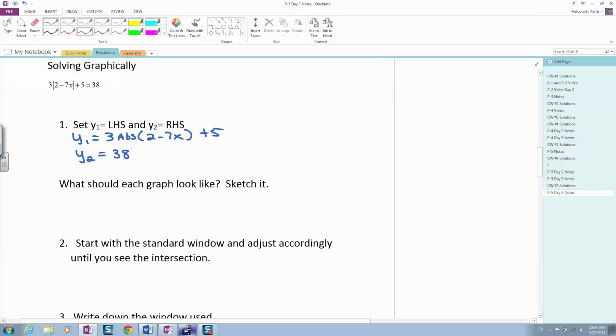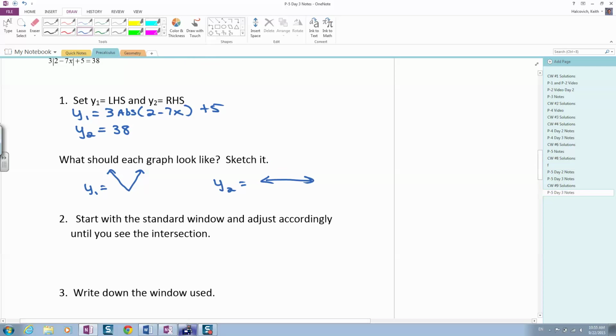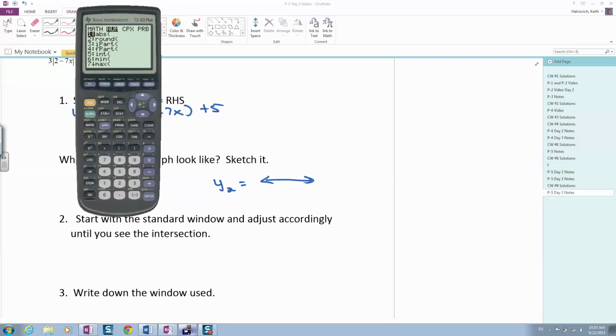Now you should know what each graph should look like. Absolute value looks like a V. So y sub 1 is going to be a V, whereas y sub 2 is going to be a straight line, y equals 38. So then we're going to put it in our calculator.